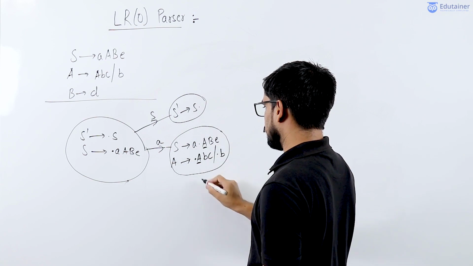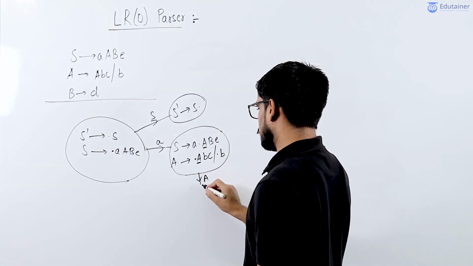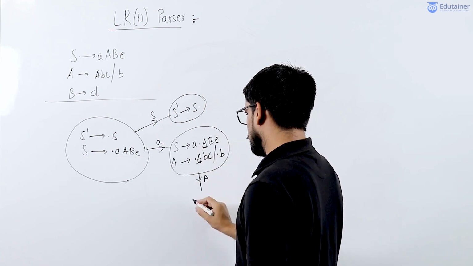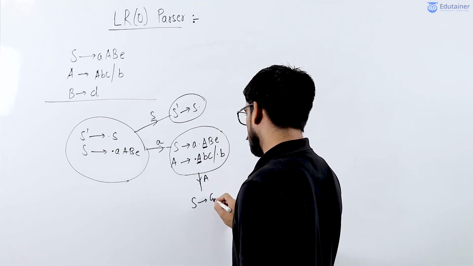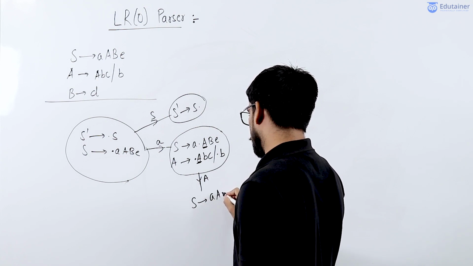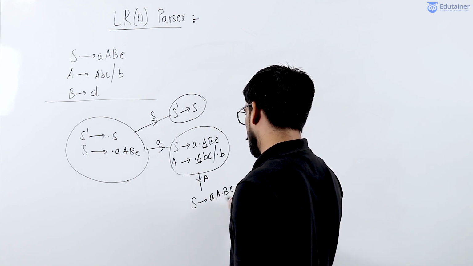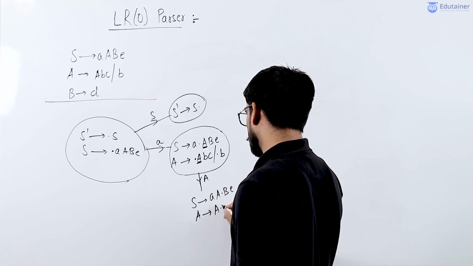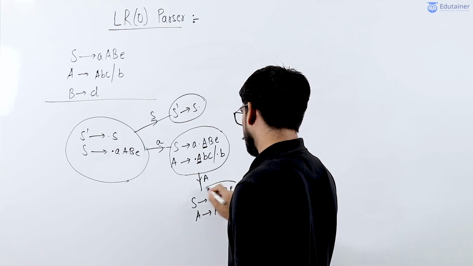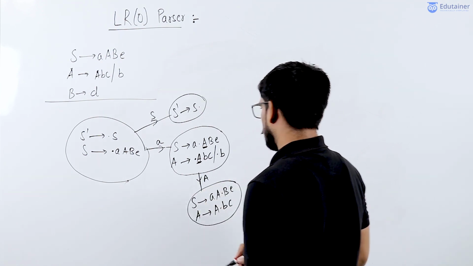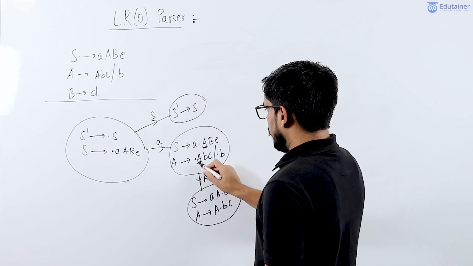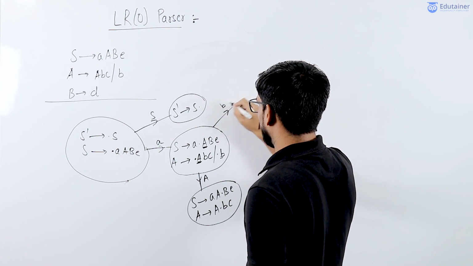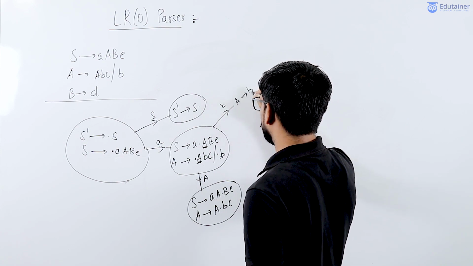Now we need to add the production of A. Here A is present and here A is present, which means we add the production of A: A derives dot A B E and A derives dot A B C. Okay, so for A it is over, and for B, A derives B dot.